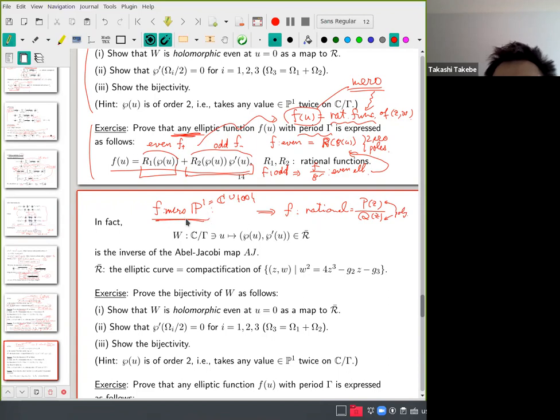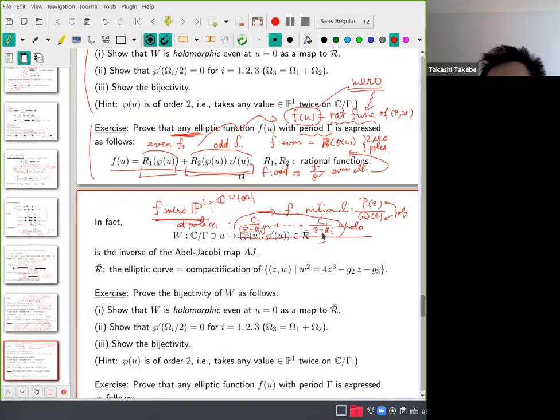So if f is meromorphic, then we have the principal part, f has such an expression.